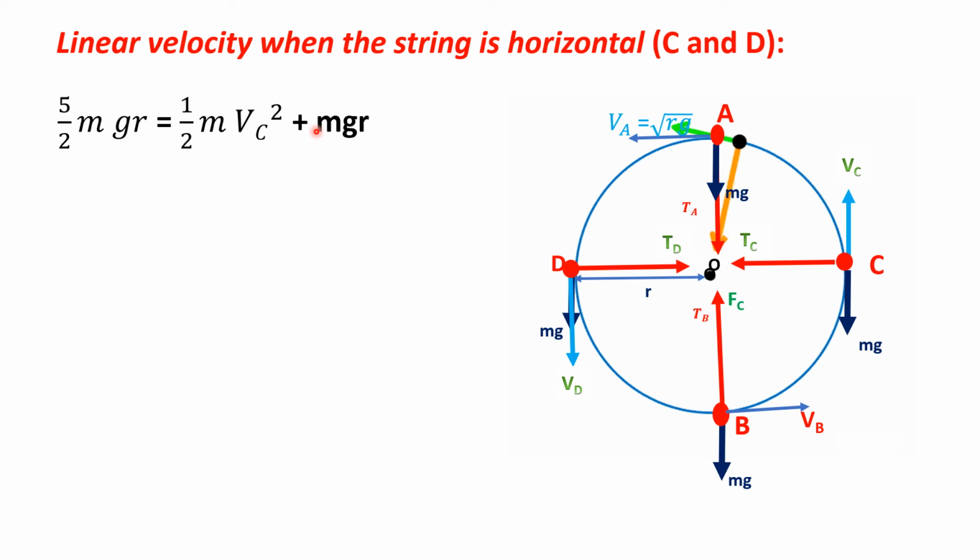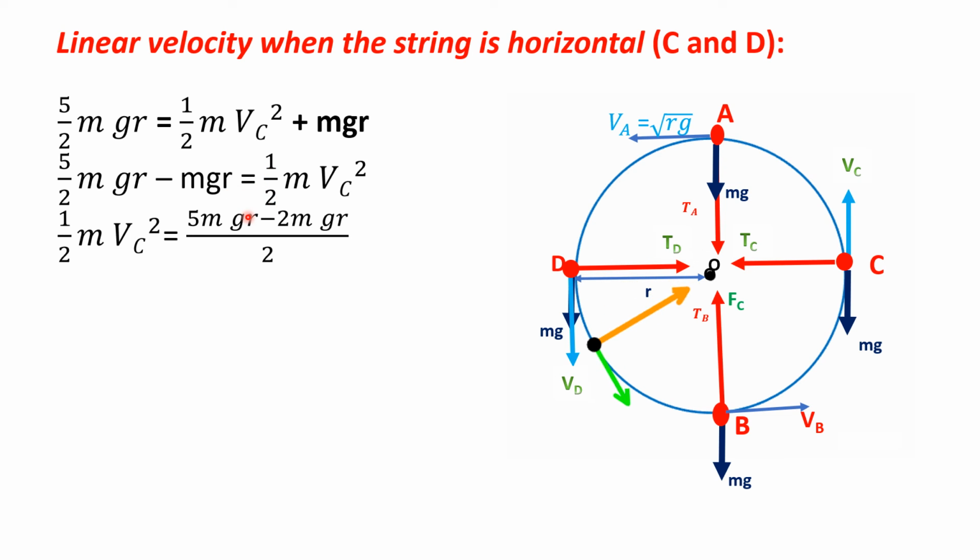The mgr from the right-hand side, when moved to the left-hand side, gets a minus sign, and we can write 5 by 2 mgr minus mgr is equal to half m Vc squared. Rearranging the terms and doing the calculation, half m Vc squared is equal to (5mgr minus 2mgr) upon 2.